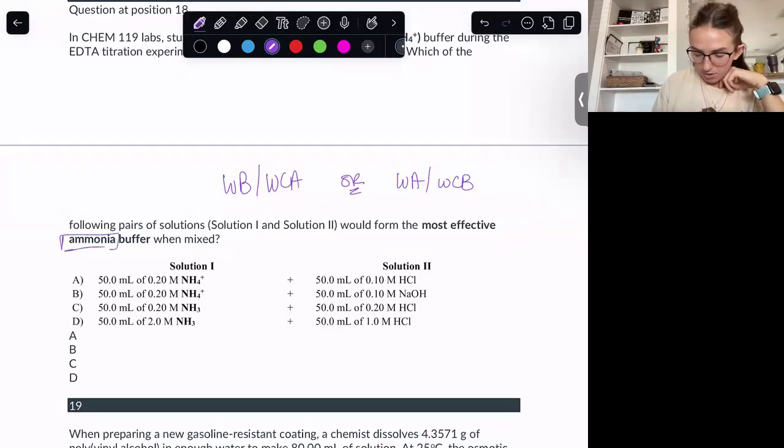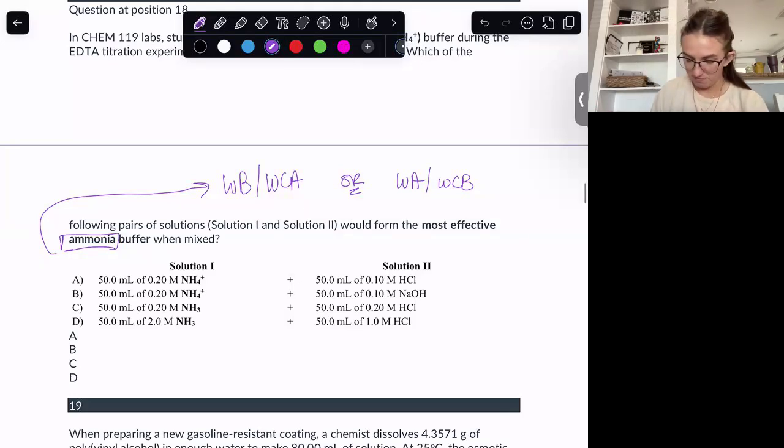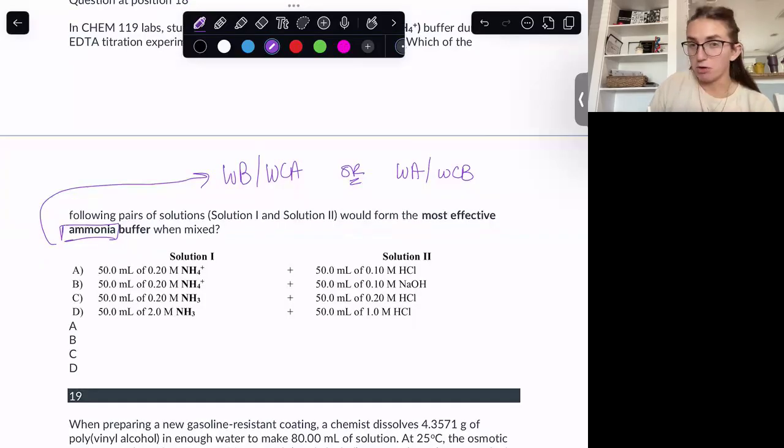In this case, we're looking for an ammonia buffer, which means that we want the situation where we have a weak base and a weak conjugate acid set up. And if we're thinking about an ice table, we want ammonia on the left side of our ice table.